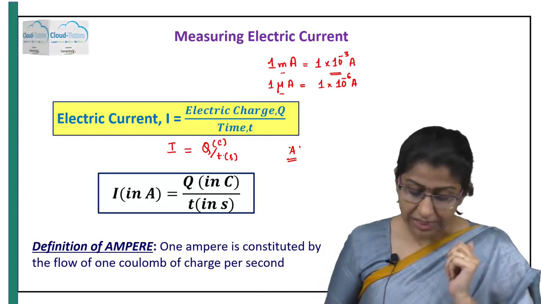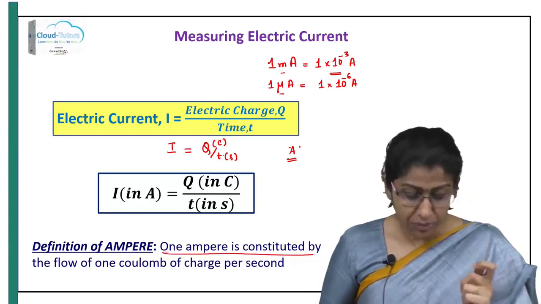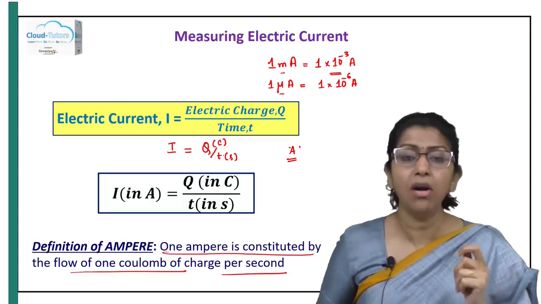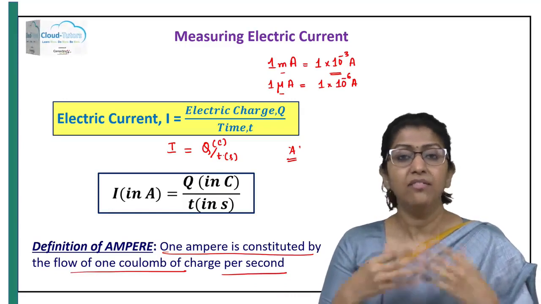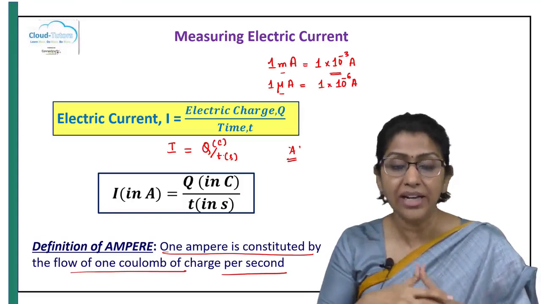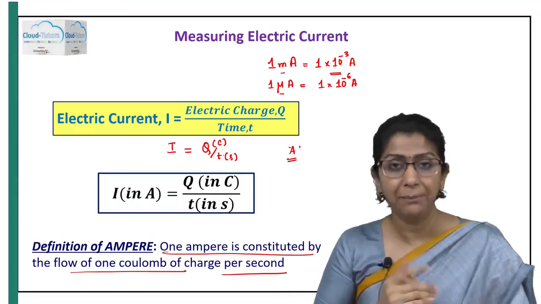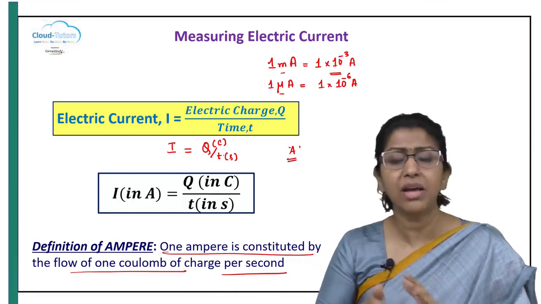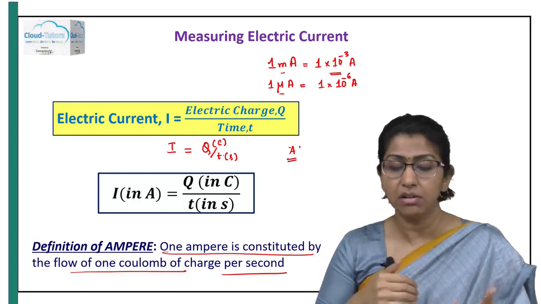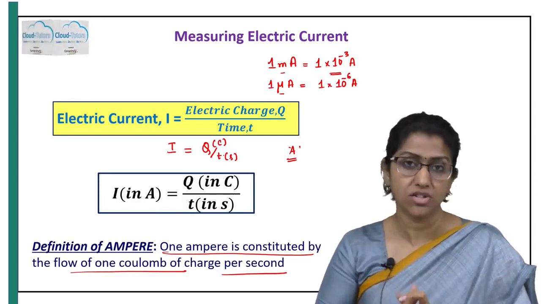So 1 ampere is the current constituted by a flow of 1 coulomb of charge per second. When I say unit time or unit charge, it just means 1 coulomb or 1 second. So this is how we define 1 ampere of electric current. This could be a 1 marker, or a 2 marker combined with some other numerical based on the electric current equation or charge equation.